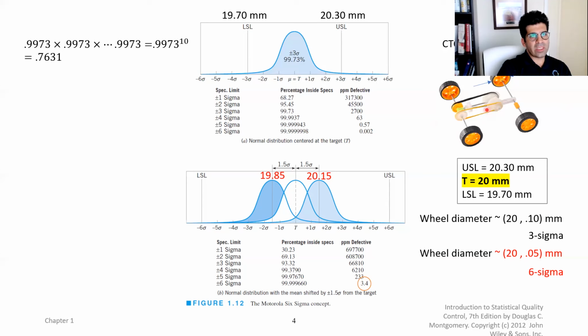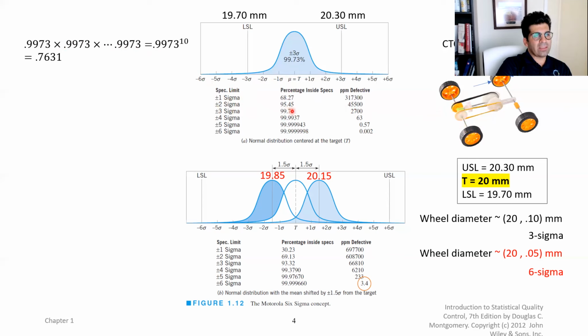Let's say this toy has 10 parts, and let's say they are all being produced at 3 sigma, which is actually good. 3 sigma is not bad. But if that's the case, we can see here that 99.73% are going to be good parts within the specifications.